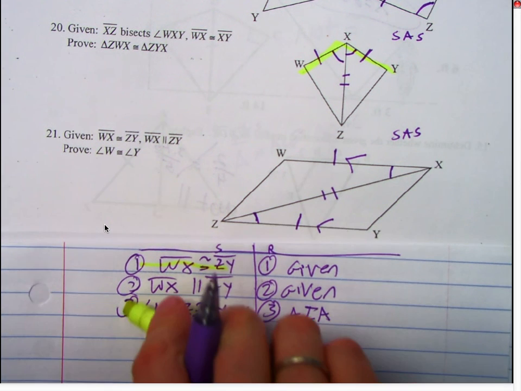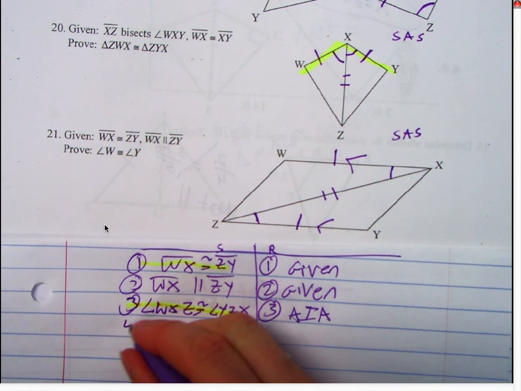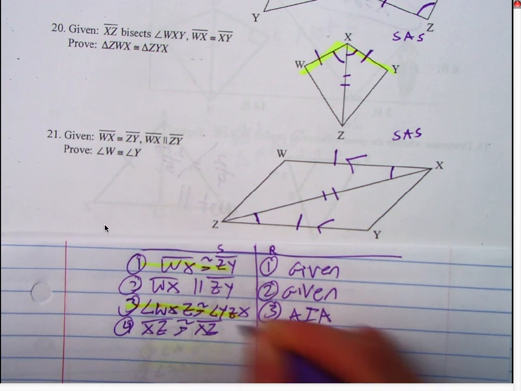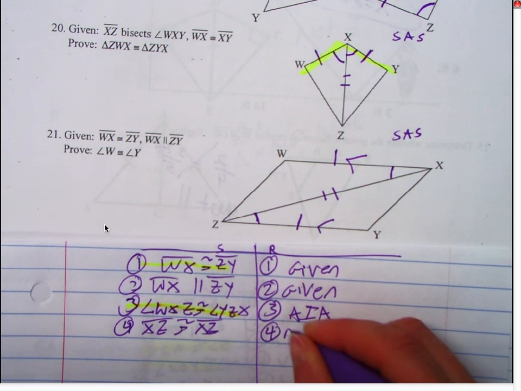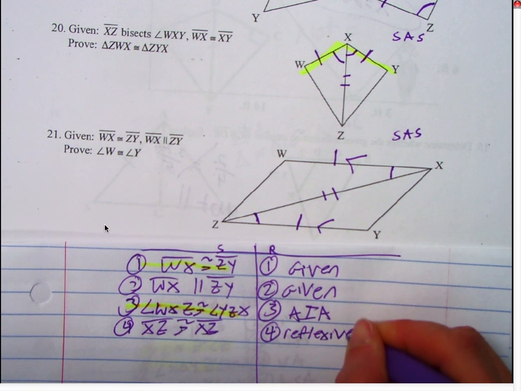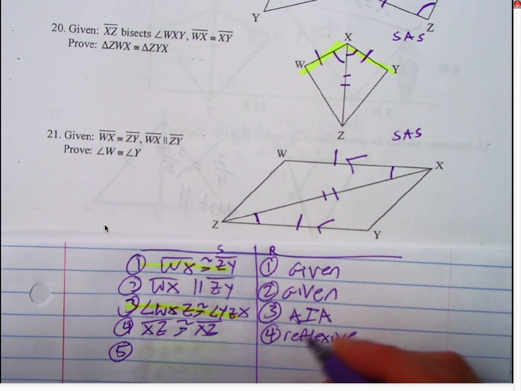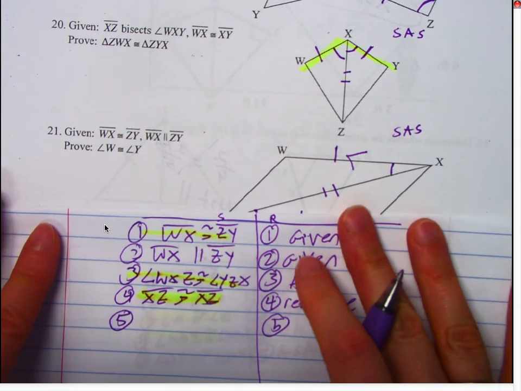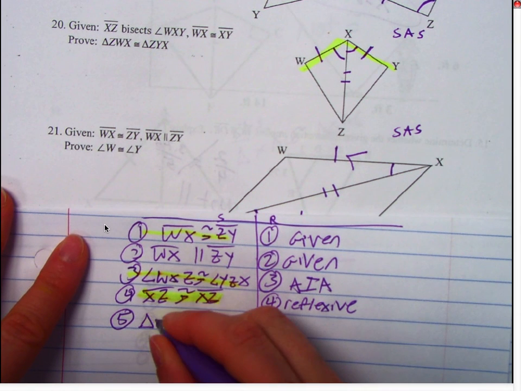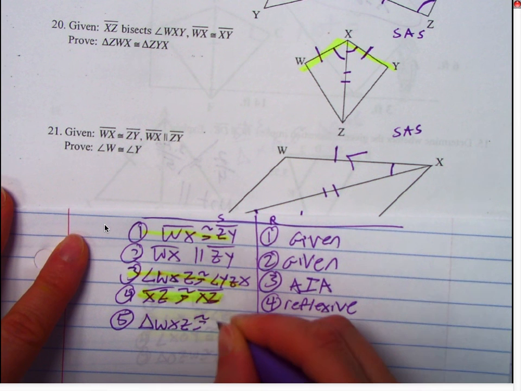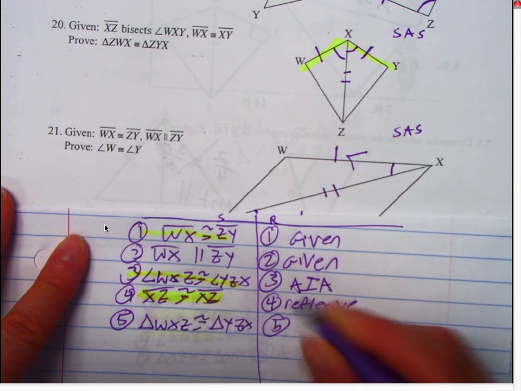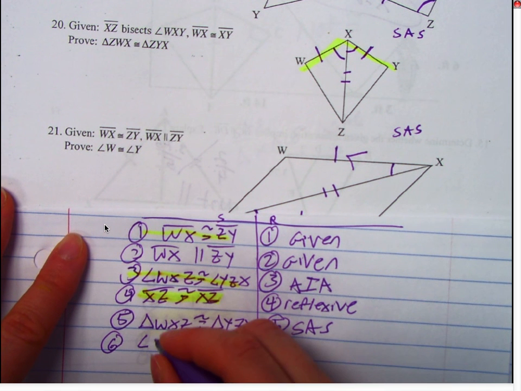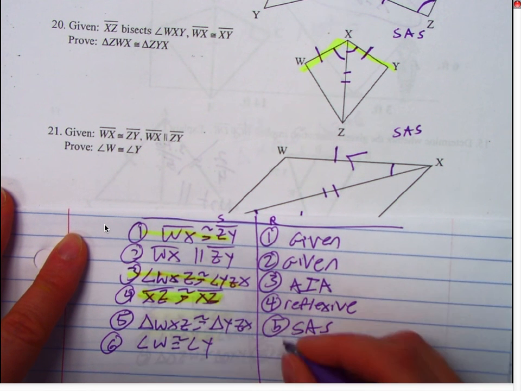Then I've got XZ is congruent to XZ by reflexive. Step 5, again, I have something's congruent to something, so now I can say triangle WXZ is congruent to triangle YZX by side angle side. Therefore, I have angle W is congruent to angle Y by CPCTC.